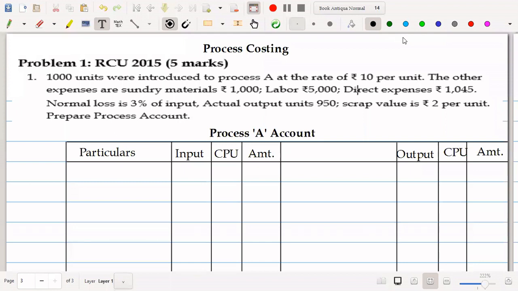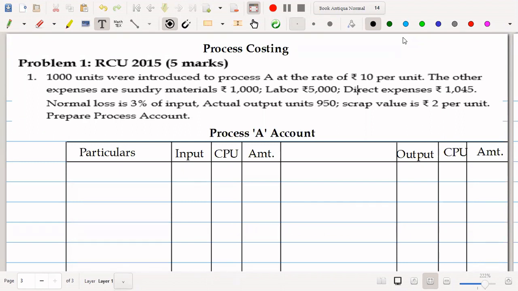Okay, students, let us solve this problem. In these problems, we have only one or a single process. This question was asked by Rani Channamma University in the year 2015 for 15 marks. Let us see the problem. 1000 units were introduced to process A at the rate of rupees 10 per unit.